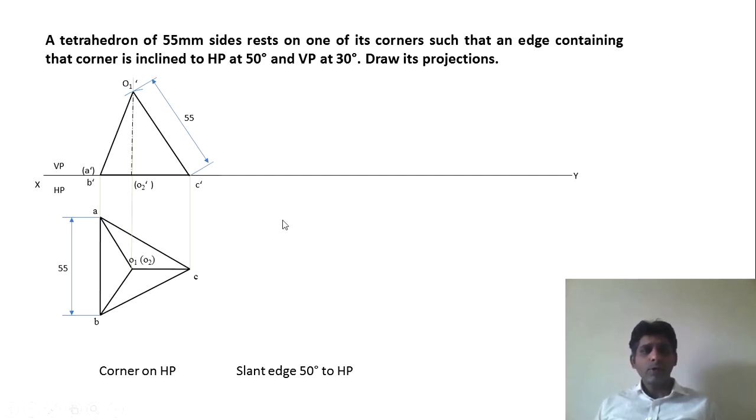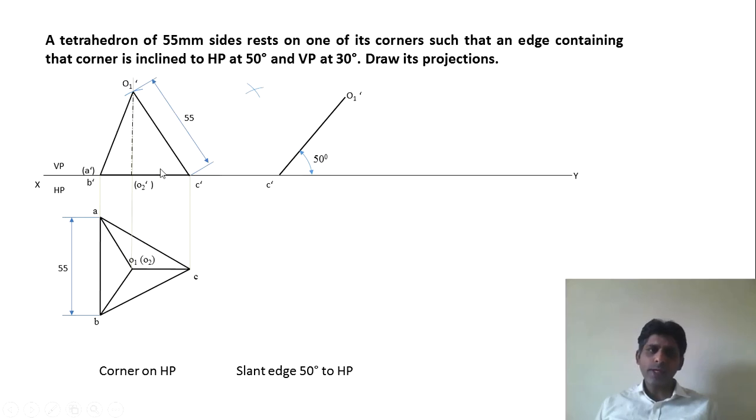The next step is that the slant edge is inclined at 50 degrees. So we have to now draw this. Mark a point C dash at some convenient distance, and draw the edge C dash O1 dash such that it is inclined at 50 degrees with respect to the horizontal plane, that is to the XY line in this case.